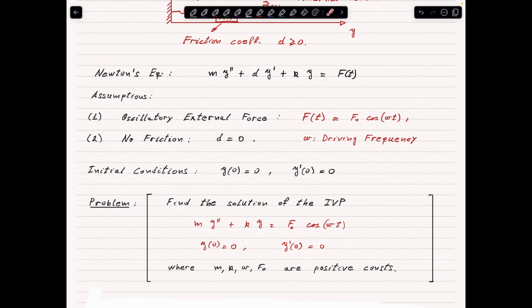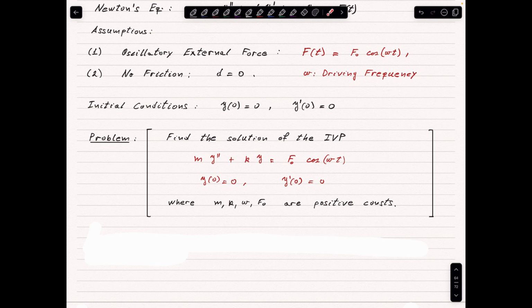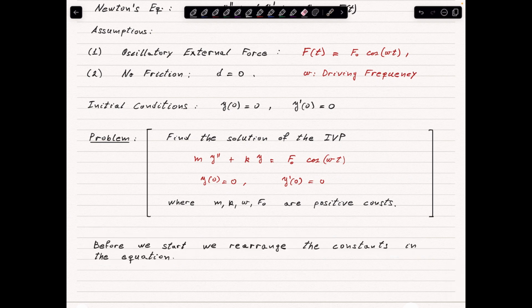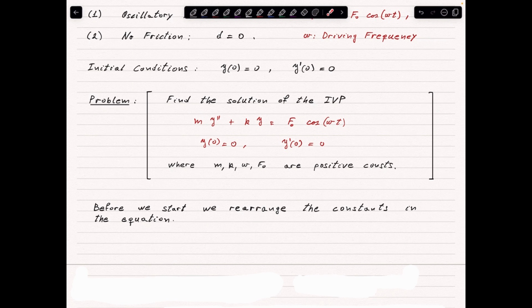So when you see that, it's nothing more than constants here. Sometimes one needs to get used to that, but they are just constants. Before we start, because we have all these constants, we can simplify them a little bit and introduce more meaningful constants. So we rearrange the constants in the equation. We are going to divide the whole equation by the mass of the object.